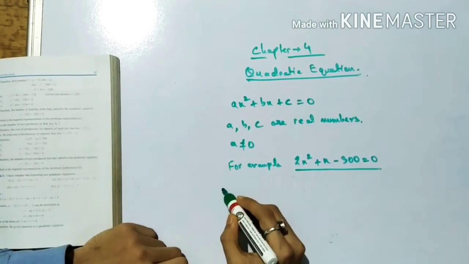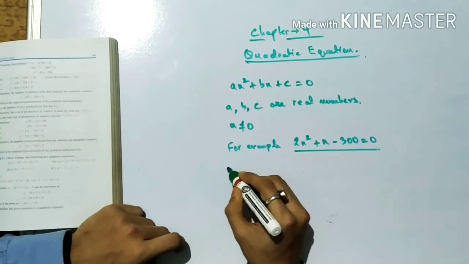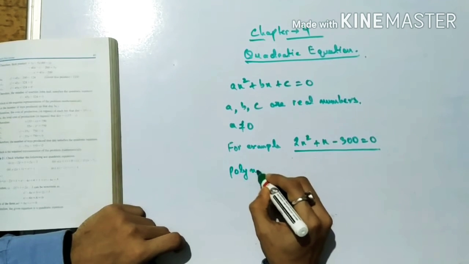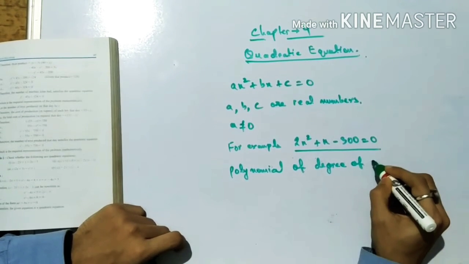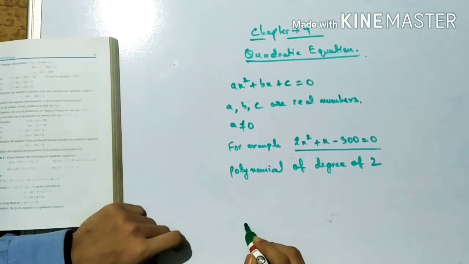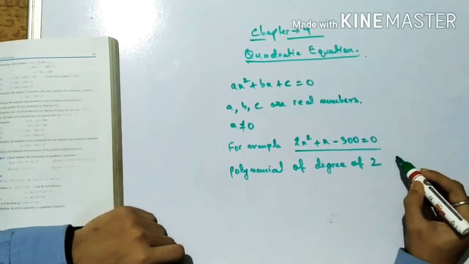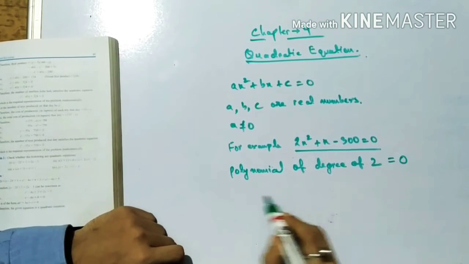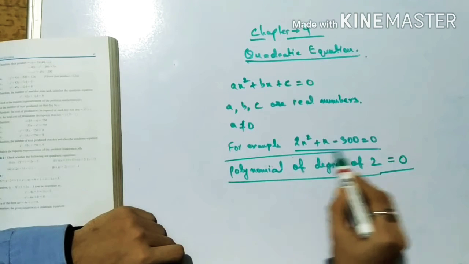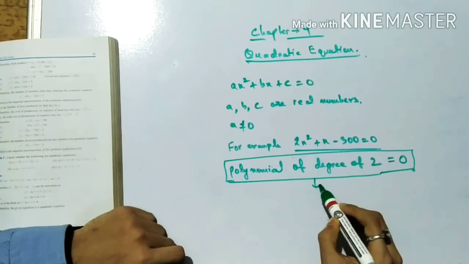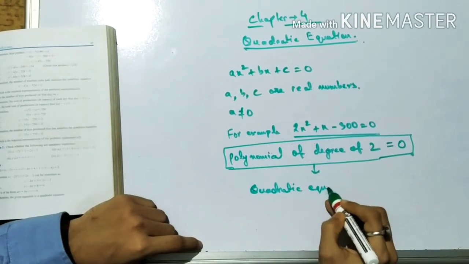Or we can say that if we take a polynomial of degree 2, and that polynomial, if I say that it is equal to 0, understand, then that equation will become a quadratic equation.